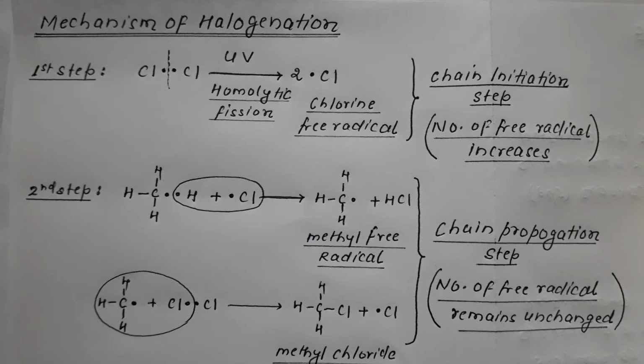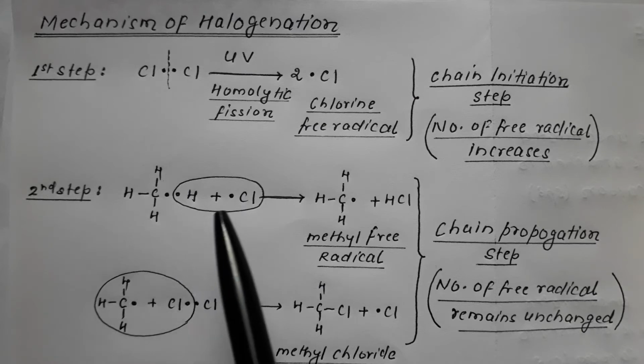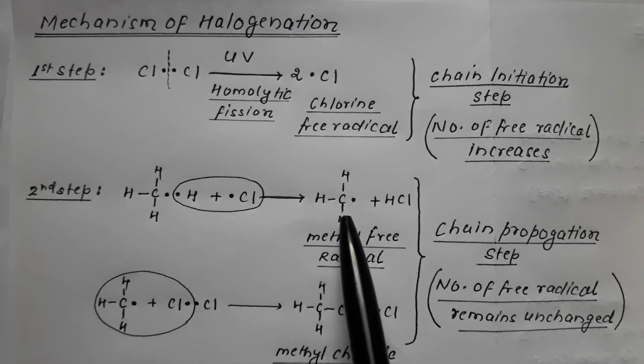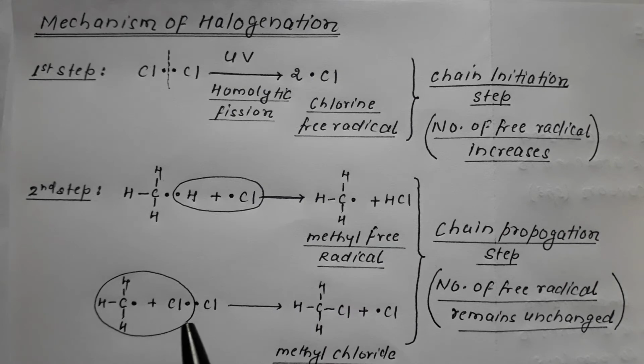Now at the same time, we may get the product by another method. That is, instead of methyl free radical coming in contact with chlorine to give the product, it is also quite possible that methyl free radical directly comes in contact with chlorine free radical and forms methyl chloride.